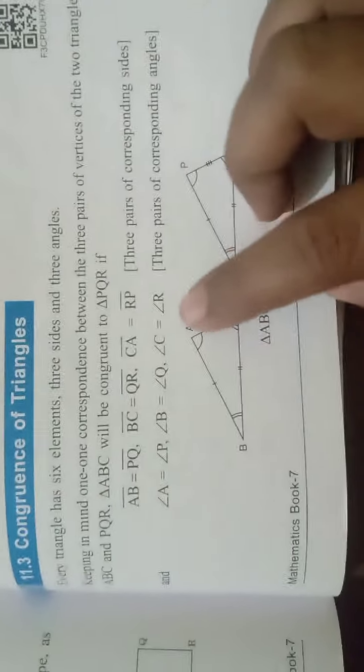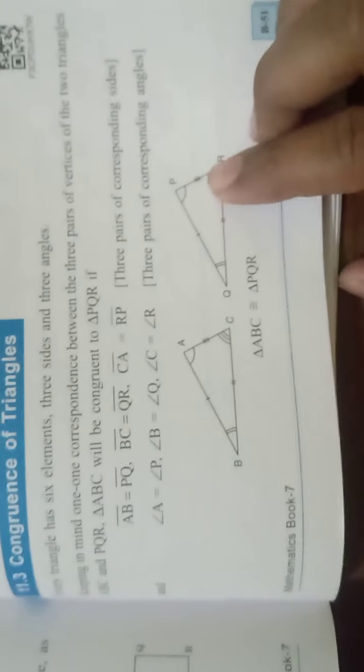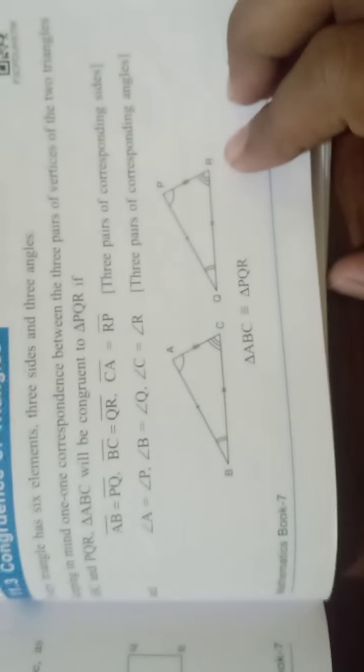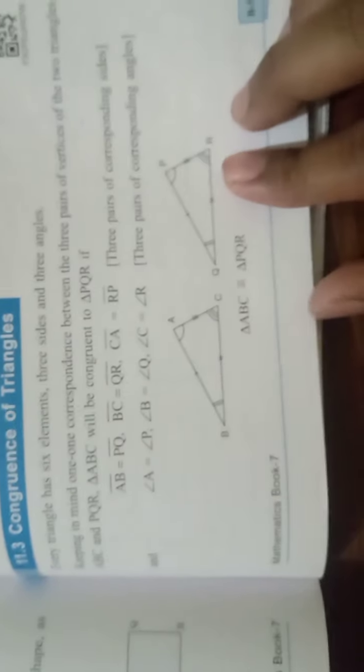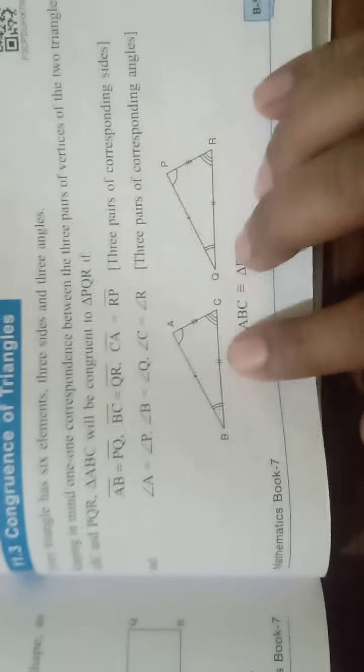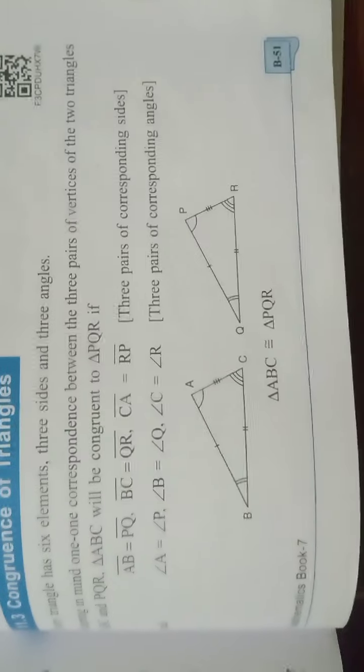Again, side AC and PR: you can see the common symbol, so this also tells us that AC and PR are the same length. Then BC and QR also have the same length because this symbol tells us. So in this way we can say that the given triangles have three sides equal, so we can say that triangle ABC is congruent to triangle PQR.